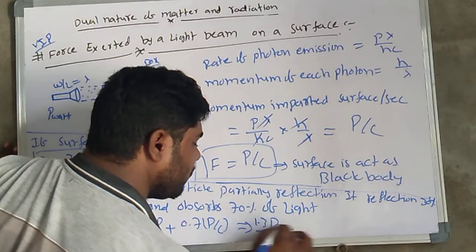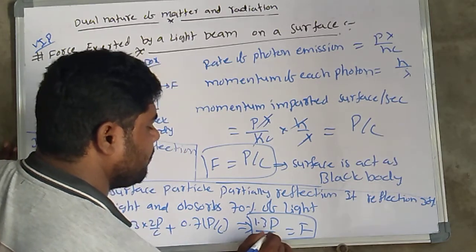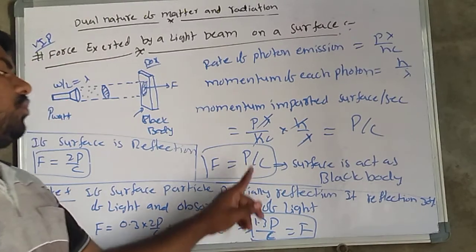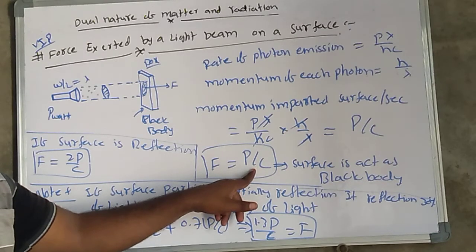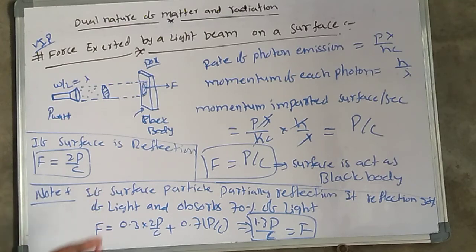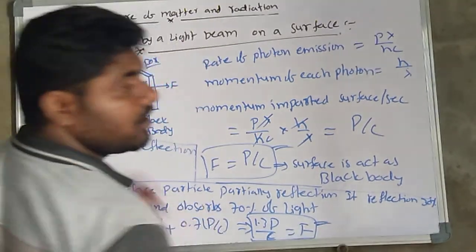This is the final force exerted. In the combination of reflection and absorption, it is 1.3 P divided by c; for black body radiation P by c; in the reflection case 2P by c. Based on these three formulas, they will ask numerical problems.